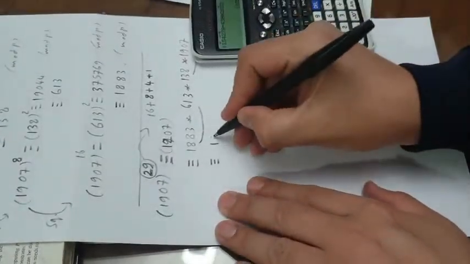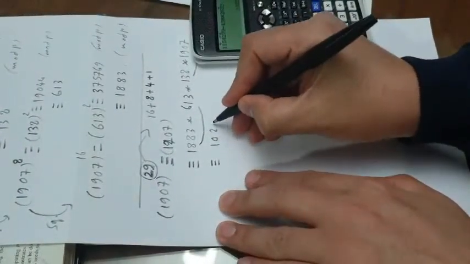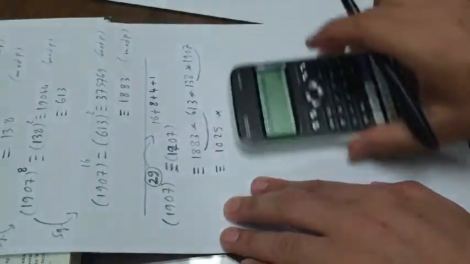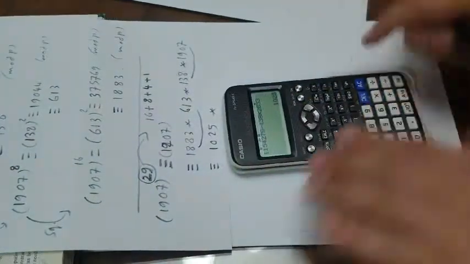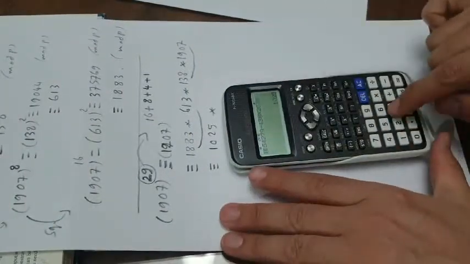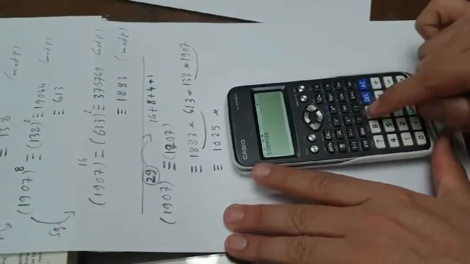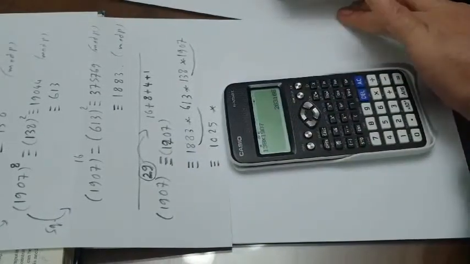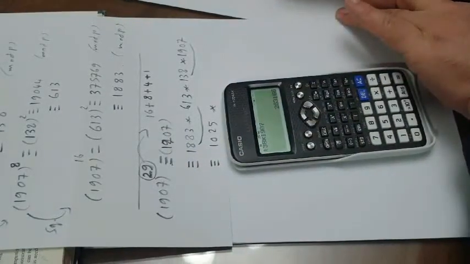1025 times this one. 138 times 1907 equals this big number 263,166.